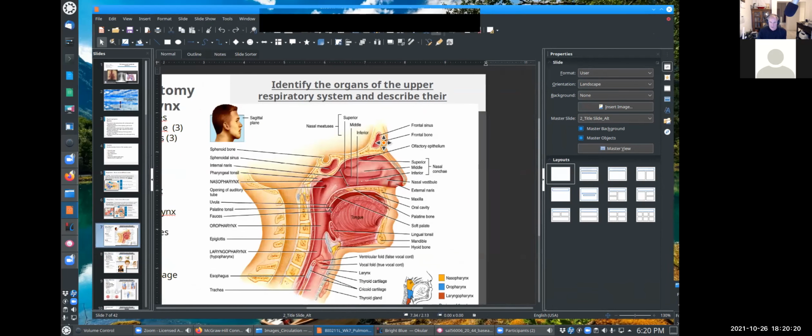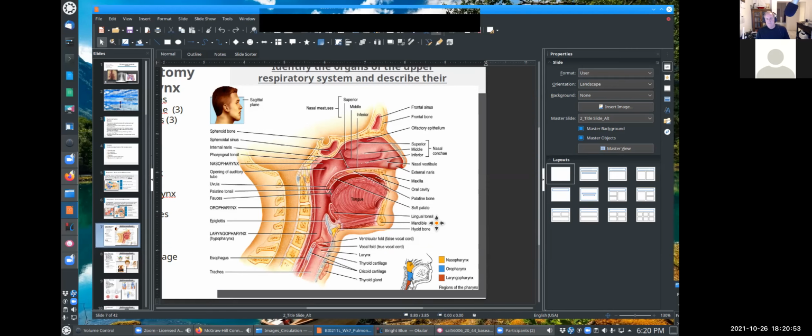So you've got frontal, which is going to be right up there in the frontal bone. You can see the sphenoid sinus on that same cadaver. Soft palate, hard palate. Remember the three areas of the pharynx: naso, oral, and laryngopharynx.